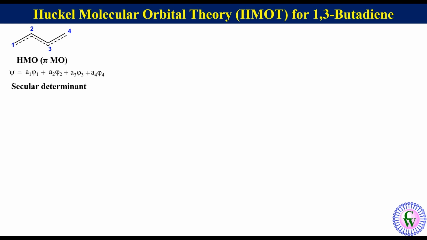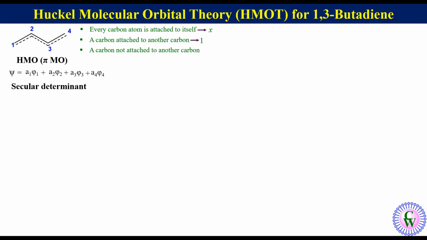For making the determinant, keep 3 points in mind. Every carbon atom is attached to itself. For that, put X. For a carbon attached to another, put 1. And for a carbon not attached to another, put 0.